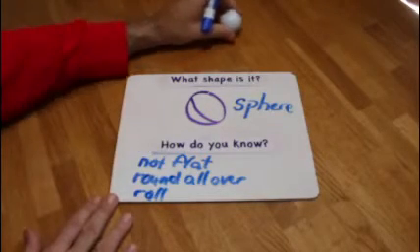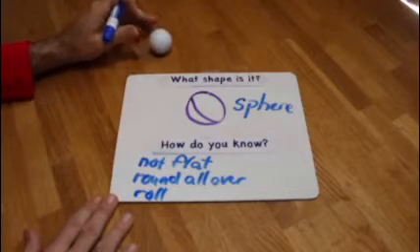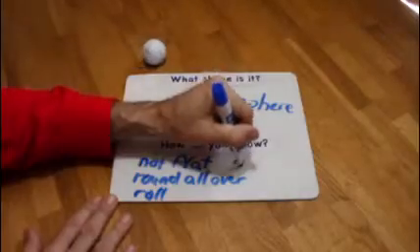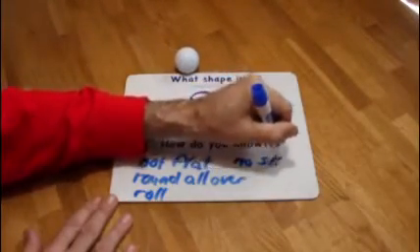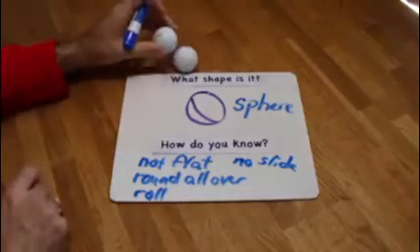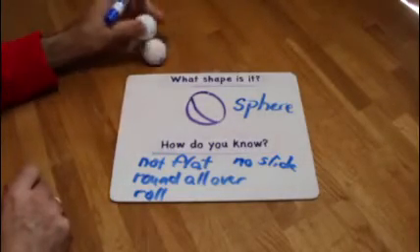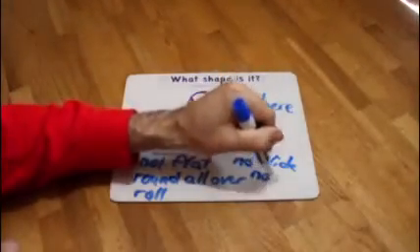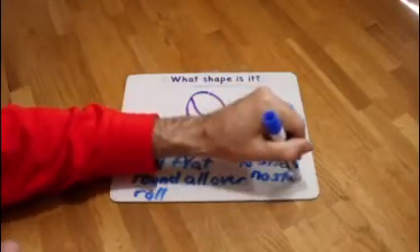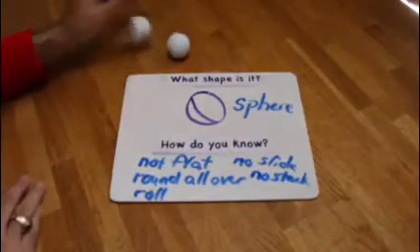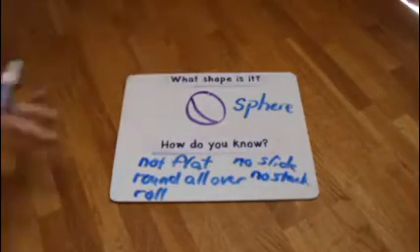It cannot slide. When it slides, it starts to roll, okay? No slide. And last, can we stack it? No, can't stack it. No stack. Remember, to be able to stack, you have to have 2 flat faces opposite each other. This doesn't have it. These cannot stack. Okay?